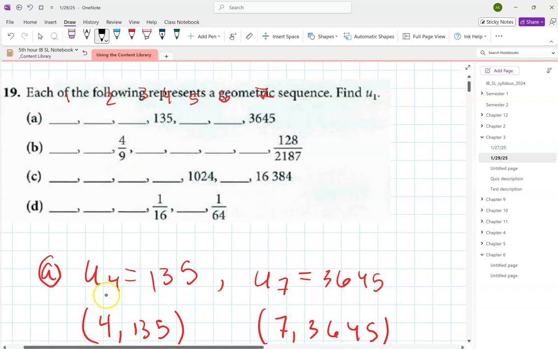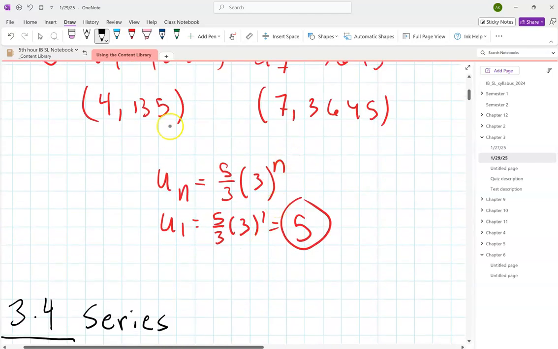So like I'm told U4 is 135 and U7 is 3645 and it's geometric. So I can just use the calculator, write the formula, and then whatever the specified term is, I just plug it in for n. And is there not like the n minus 1 in the formula? Correct. The calculator is not going to give it to you as an n minus 1 formula, which is fine.